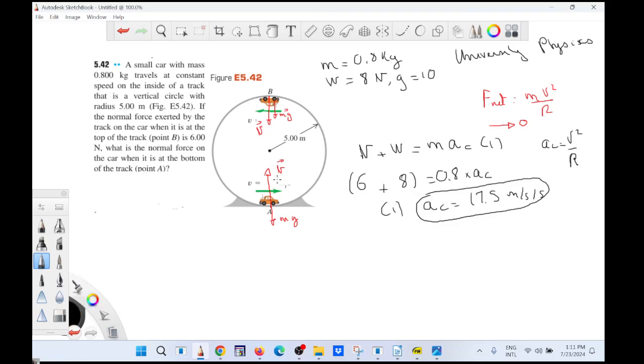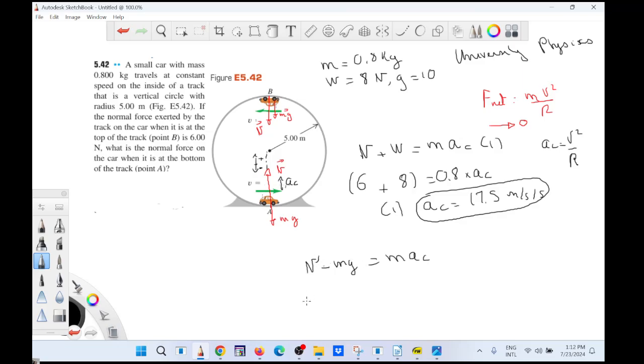And we always take toward the center to be positive, right? So when we do Newton's second law, toward the center is always positive because the acceleration will be in this direction. So we have N minus mg, so that will be your net force, equals mass times acceleration.